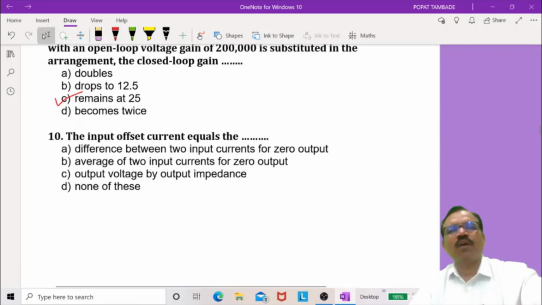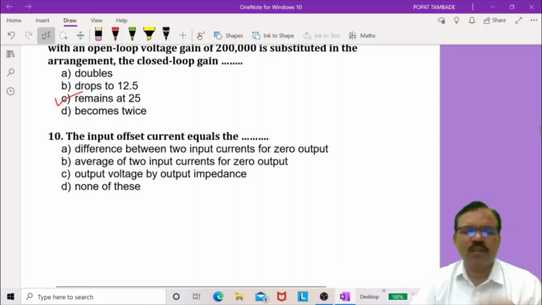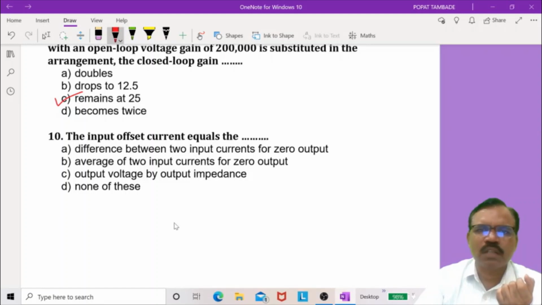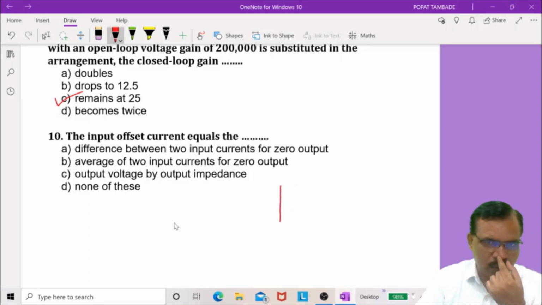The input offset current equals: the difference between two input currents for zero output, the average of input currents for zero output, output voltage by output impedance, or none of these. Now what is input offset current?